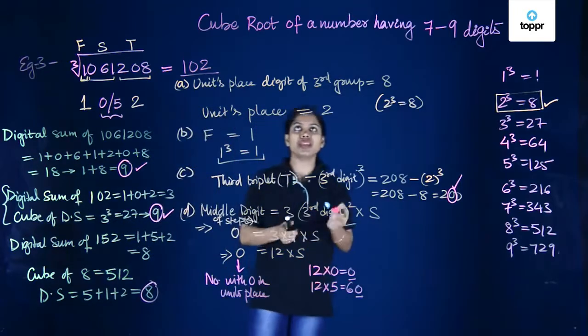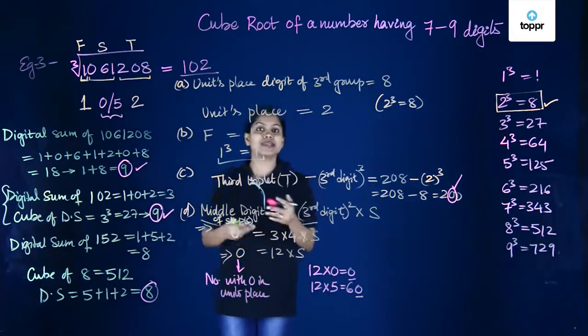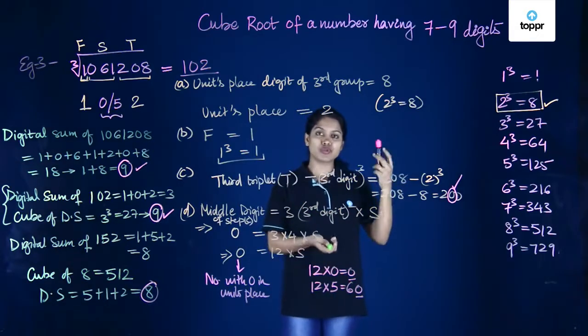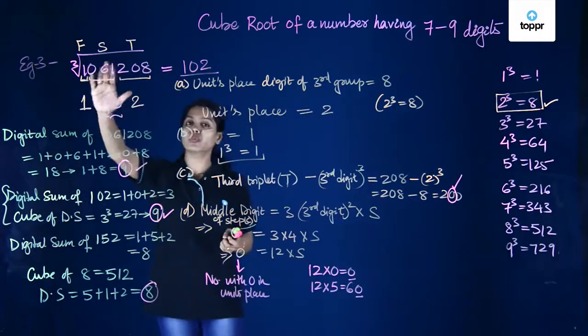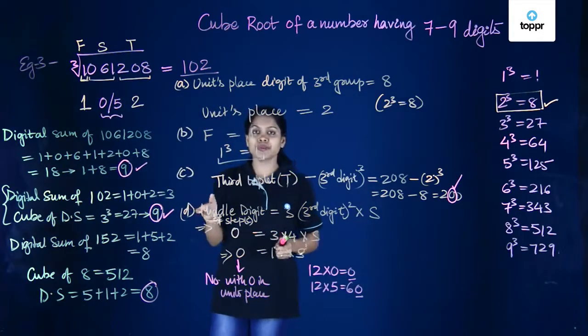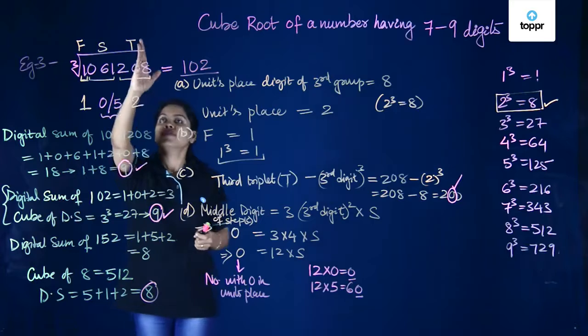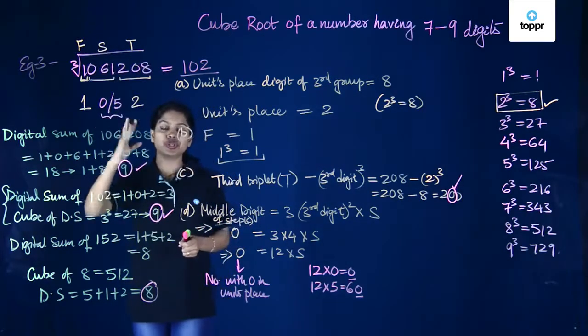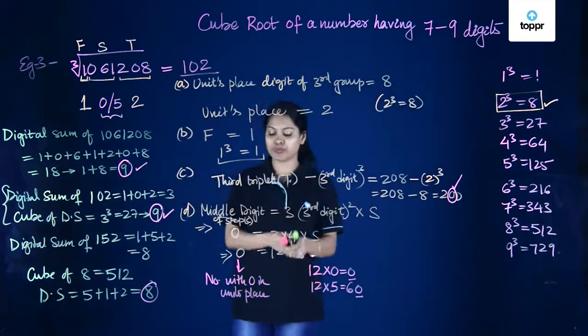So this is how we find the cube root of a number that has 7 digits, 8 digits or 9 digits in this manner. We first group into groups of 3, and then find the first and the third digit. For the second digit, we follow this method.